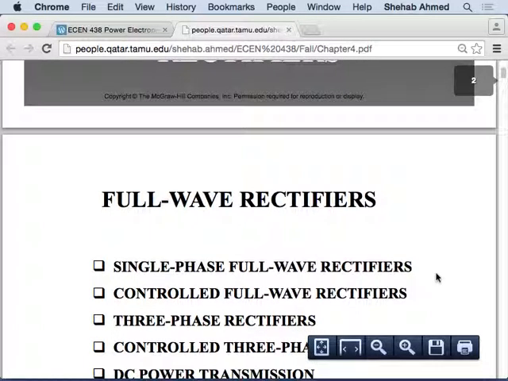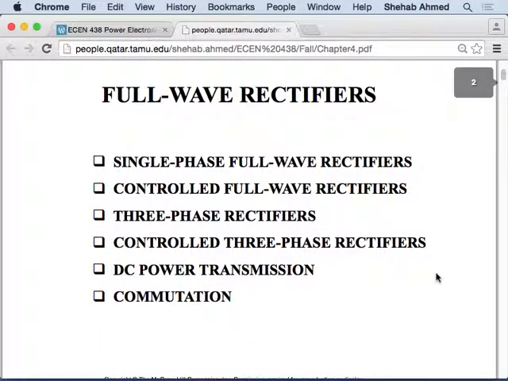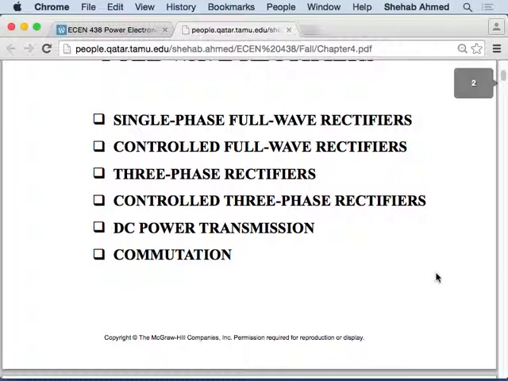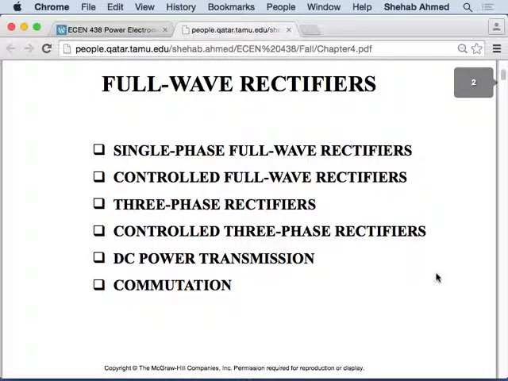That being said, we'll start covering the full wave rectifiers chapter. Again, it's a rectifier, so it's still an AC to DC converter, right? So that's still what we're doing. We're going to cover the single phase, uncontrolled with diodes, like we did in the previous chapter for the half wave rectifiers, and then we will cover the controlled version of the single phase rectifier.